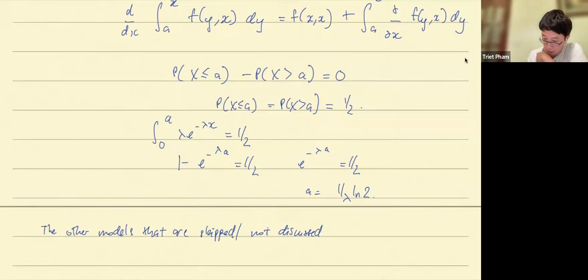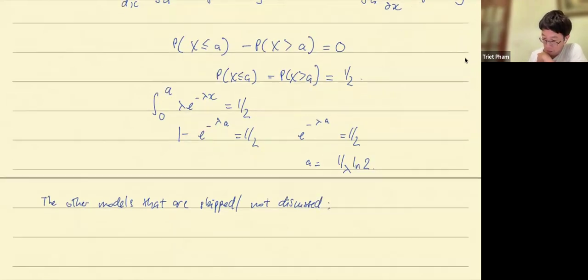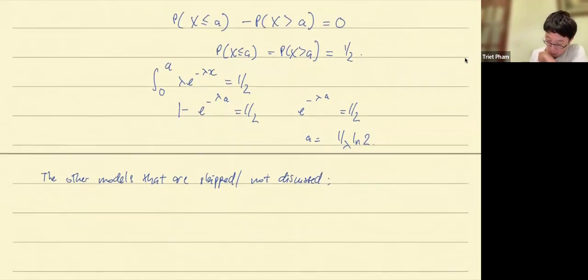I'll say a few names here. You might have heard of the T distribution, T with n degrees of freedom. There's the chi-square with n degrees of freedom.